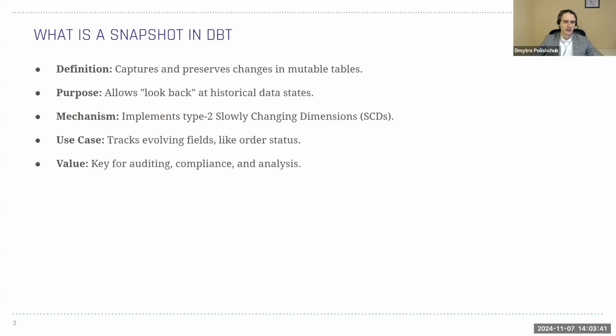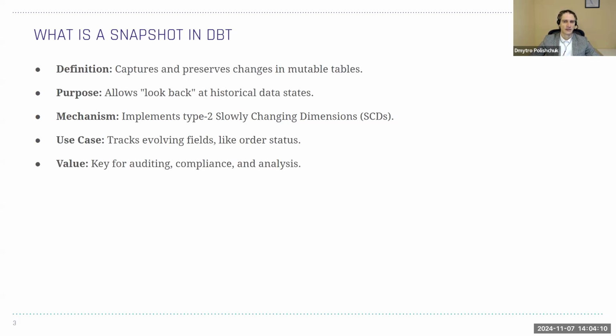So let's start. What is a snapshot in dbt? A snapshot in dbt is a tool that captures and preserves changes in data for tables that may be updated over time. By taking snapshots, we create a record of each state a row has been in, which would be otherwise lost. Snapshots essentially act as a history preserving feature.